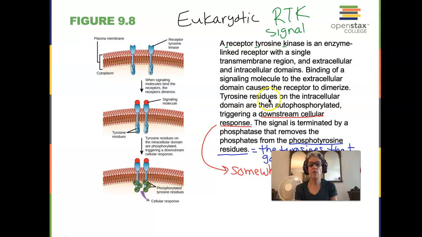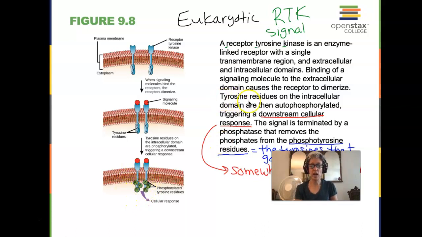And the tyrosine residues, that means the tyrosine amino acids that are part of that receptor and on the inside of the cell, they're intracellular, are autophosphorylated. They trigger the response that causes phosphates to be attached to them.